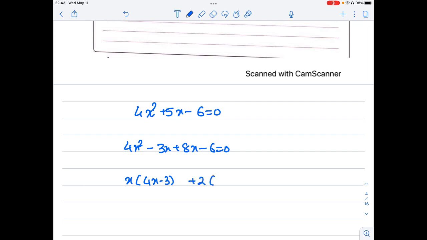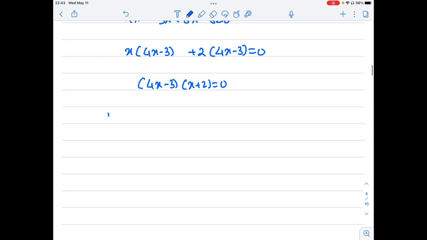Then 2 common, 2(4x - 3). So it becomes (4x - 3)(x + 2) = 0. So what do I get? 4x - 3 = 0 or x + 2 = 0. So x equals either 3/4 or x equals -2.